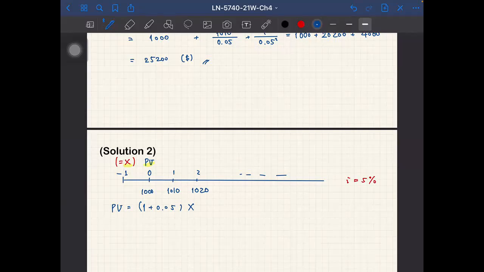Then what is x? x is equal to the present value of this increasing perpetuity immediate with P equal to 1,000 and Q equal to 10.